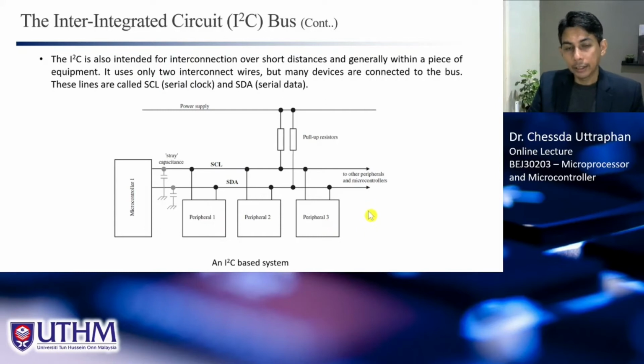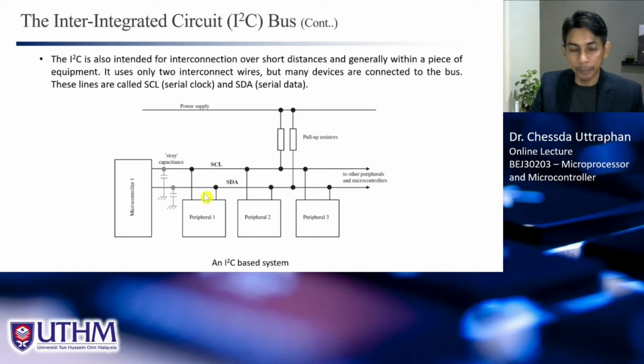But the question is now, because we share the same bus, just like in SPI. In SPI, we activate only one peripheral at one time to use the bus, and this should be the same here. We cannot allow more than one peripheral to use the bus at the same time.